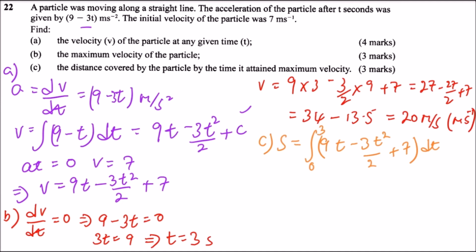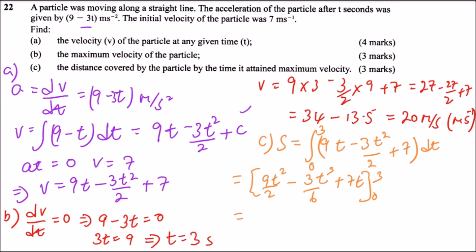So when you integrate this, you integrate 9t, you get 9t squared divided by 2, then you have minus 3t cubed divided by 6, and then plus 7t, with limits of 0 to 3. You just substitute 3 in place of t.